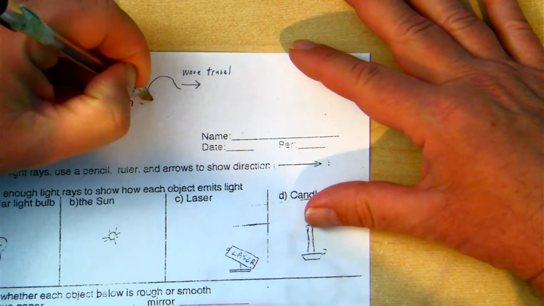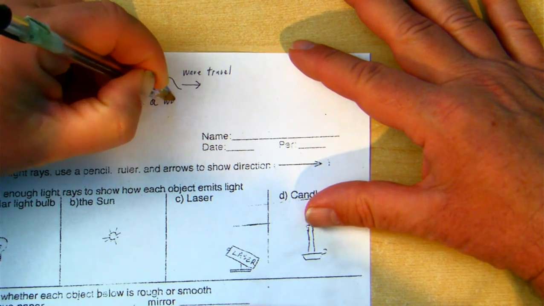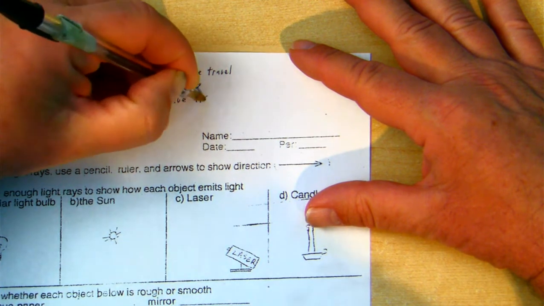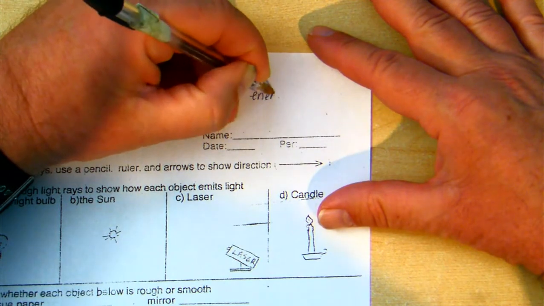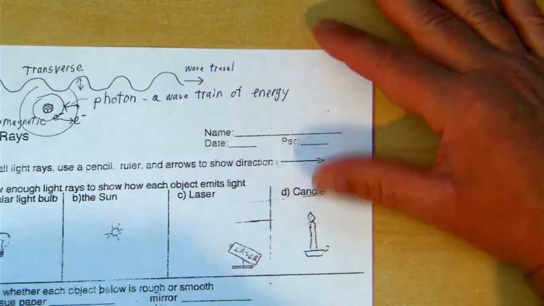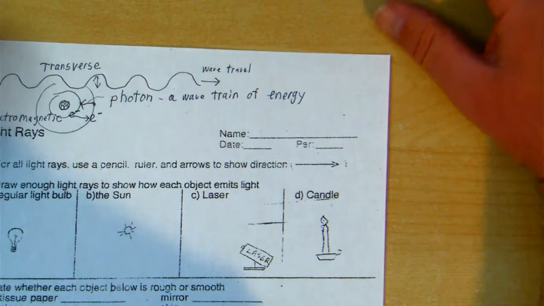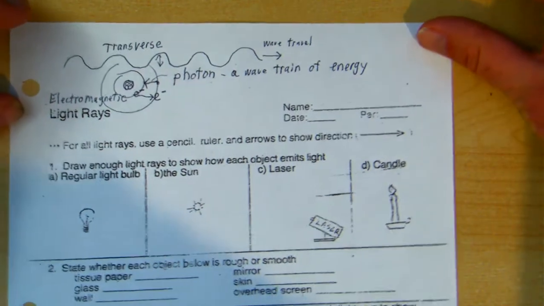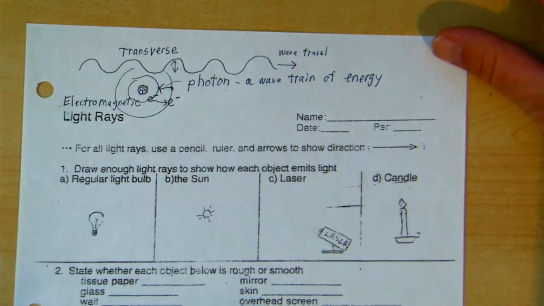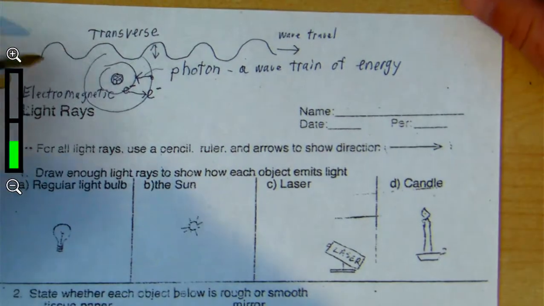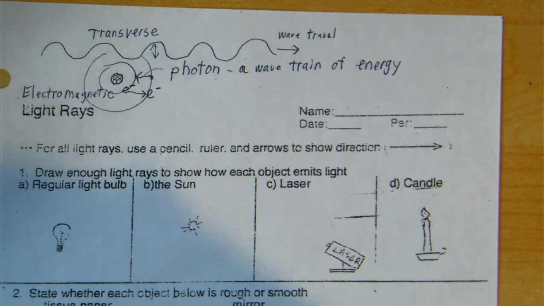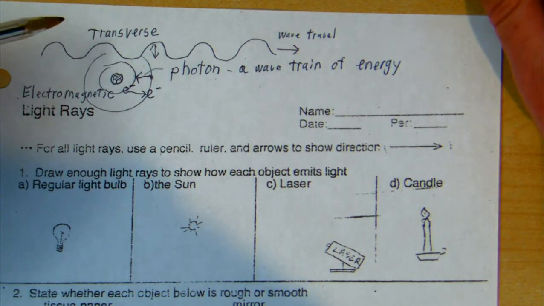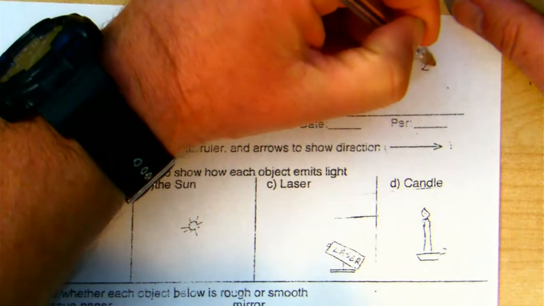A photon is a wave train of energy. And for a typical atom, a photon is on the order of about 2 meters in length. Now that's not the wavelength.